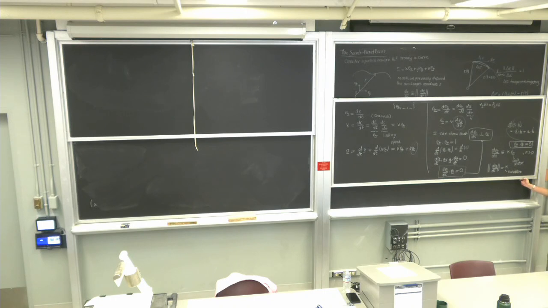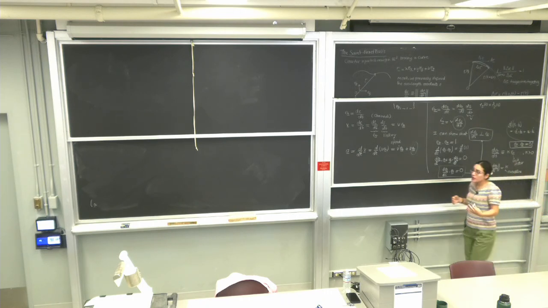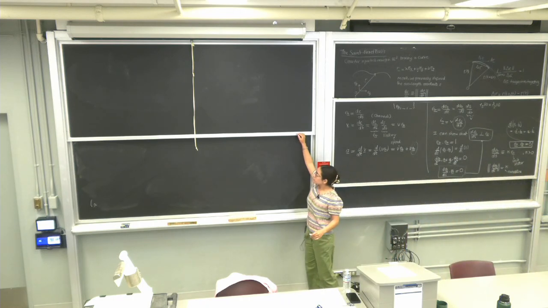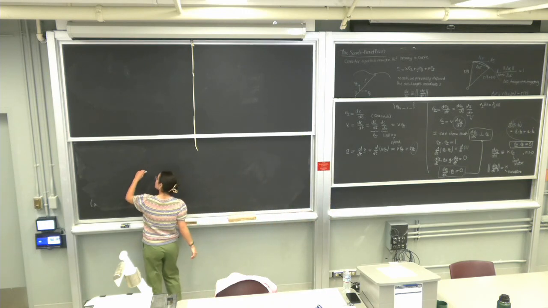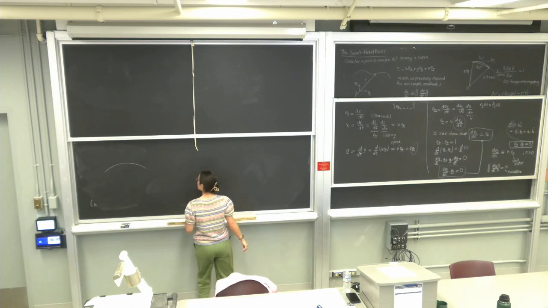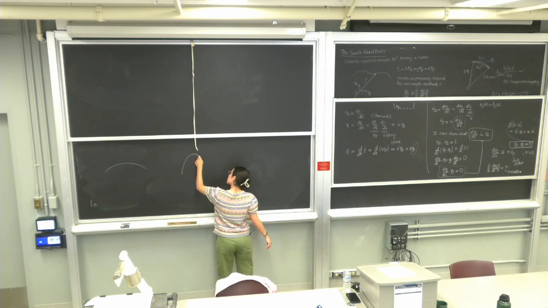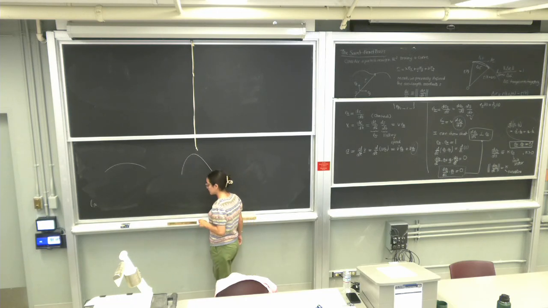And let me explain why. So again, kappa has to do with the magnitude of the rate of change of the unit tangent vector. So let us consider two curves. Maybe I'll consider this curve, and then I'll consider a curve like this.